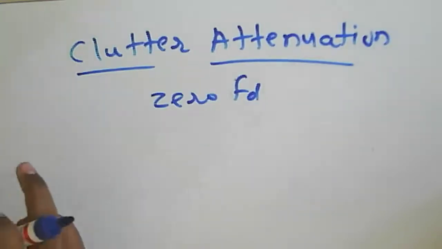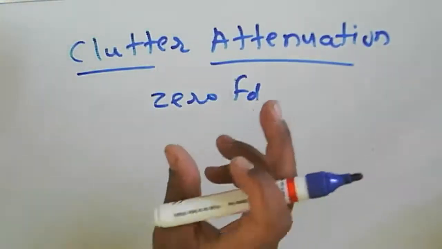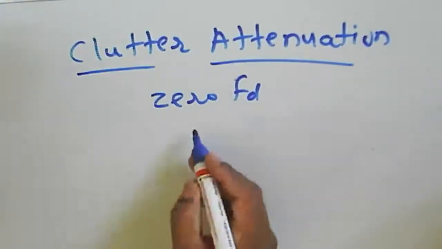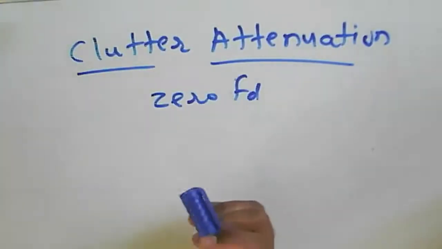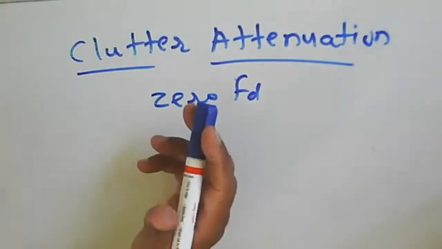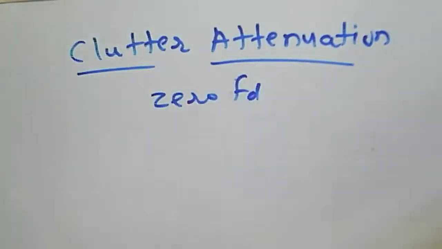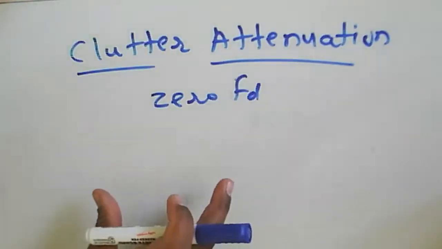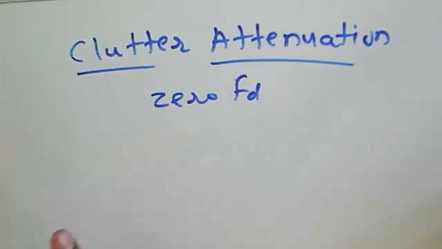We have clutter from the stationary target, but if there is internal motion of the clutter, it is difficult to remove that clutter. So we use a specific frequency band or filter to remove the clutter.